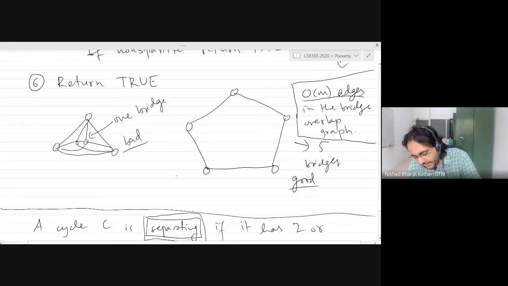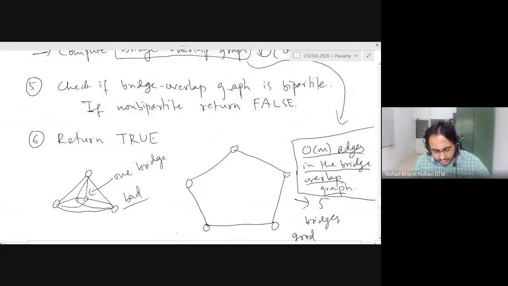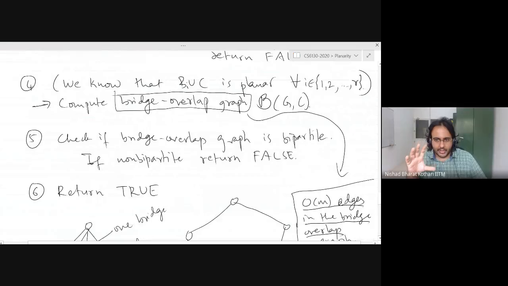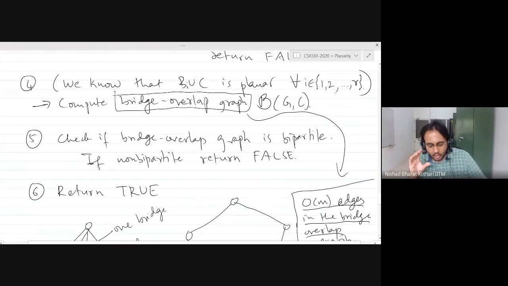And so, checking things for each iteration. If you look at a particular recursive call of this algorithm, how long does that take? How long does it take to check whether the graph is bipartite or not?